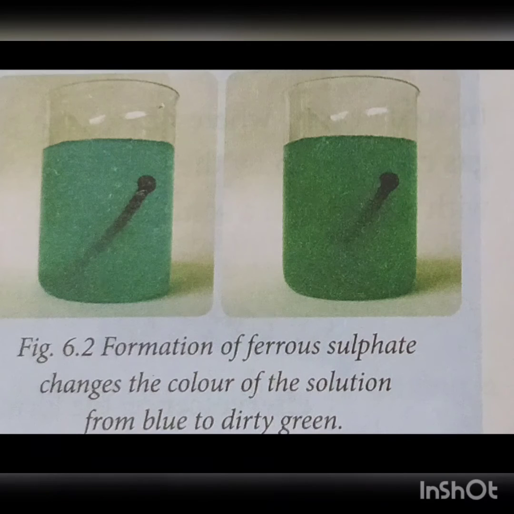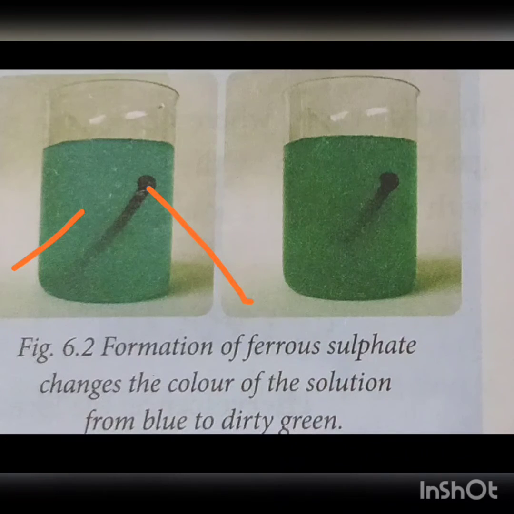We'll do an activity to demonstrate that some chemical reactions are characterized by the change in color of the reactants. For this, the materials required are copper sulfate, water, an iron nail and a beaker. We take some copper sulfate in a beaker containing water, put an iron nail in it and leave it undisturbed for some time.